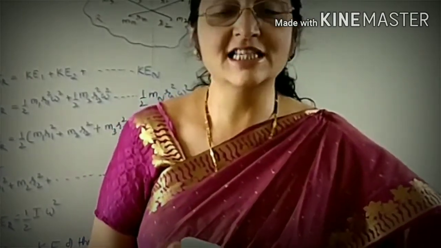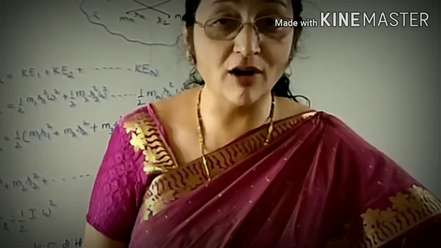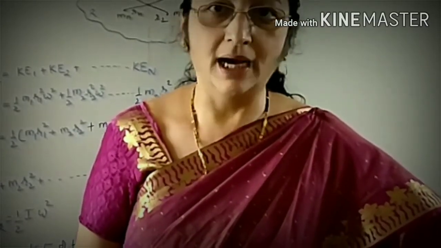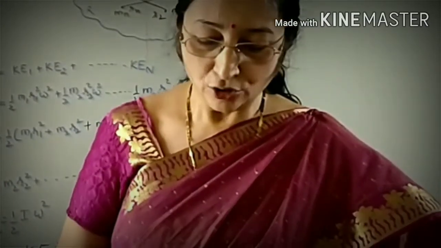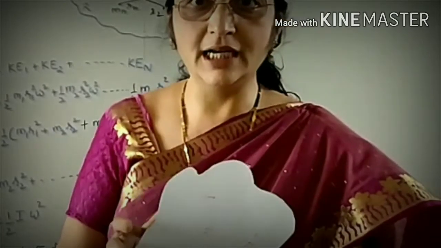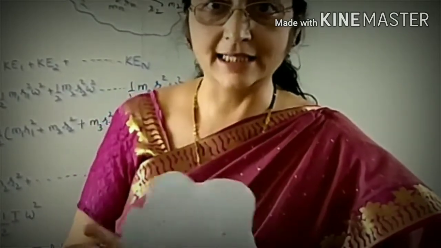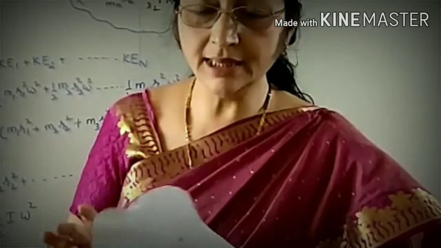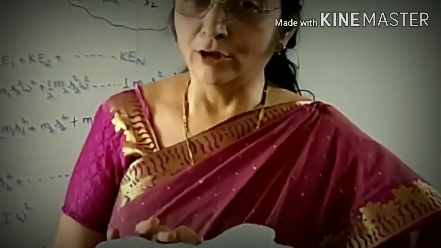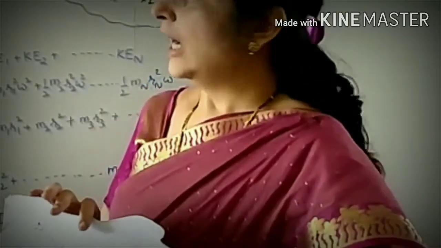The angular velocity, that is the angle traversed in 1 second, is omega. So this rigid body is rotating about this axis in this way.